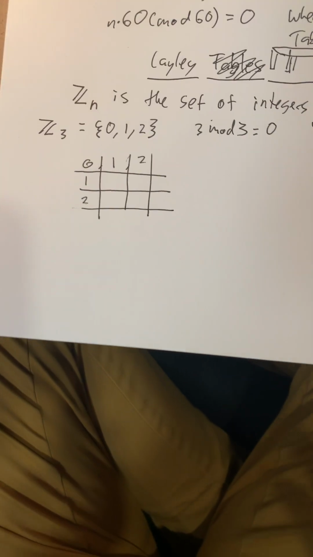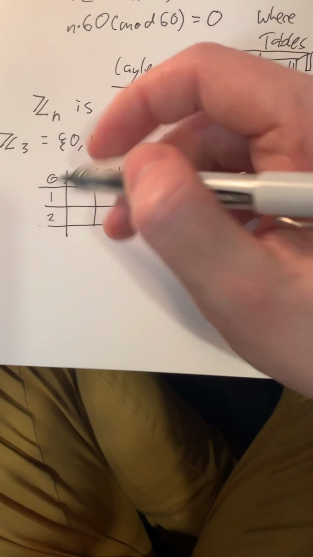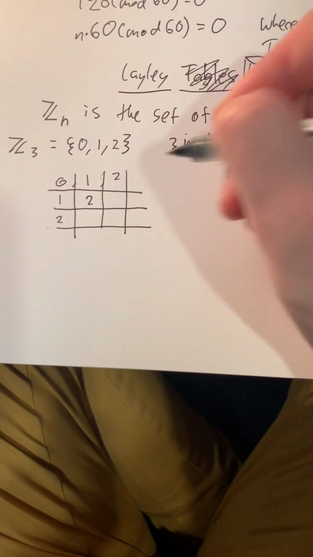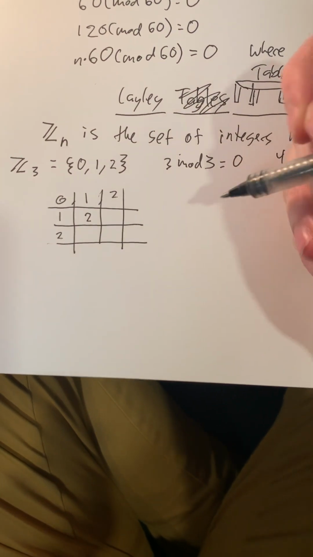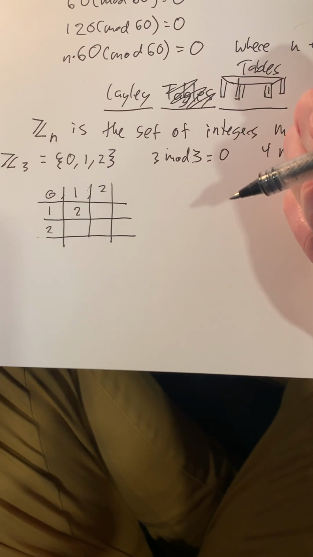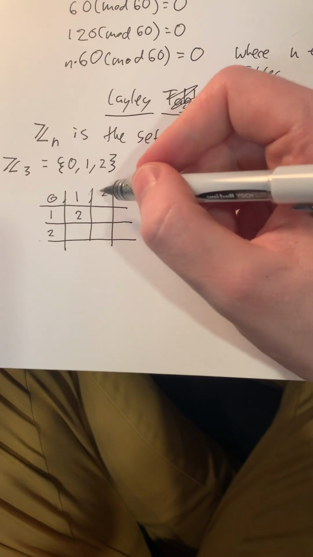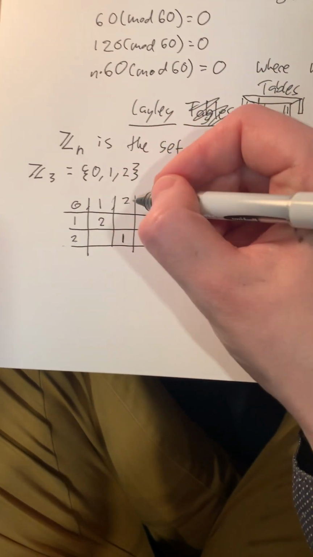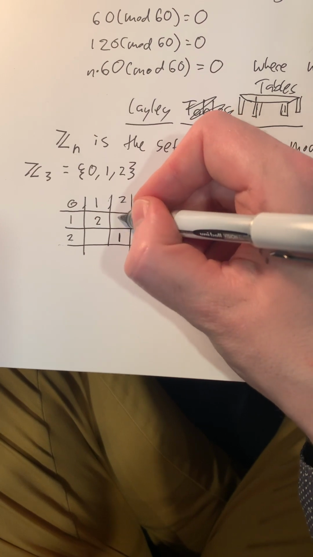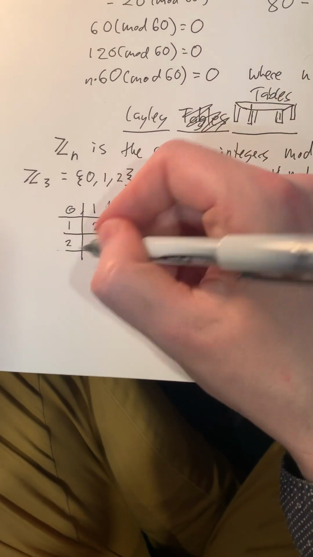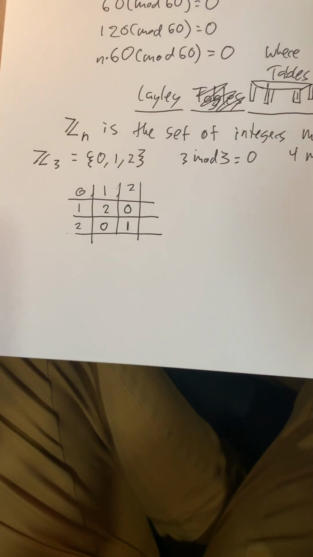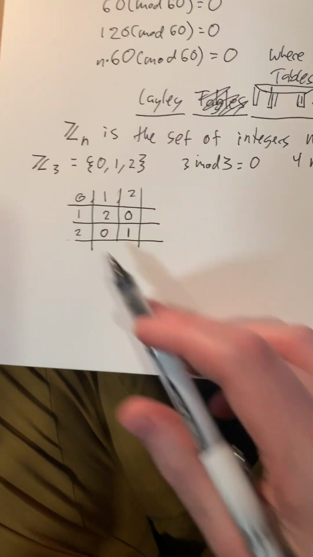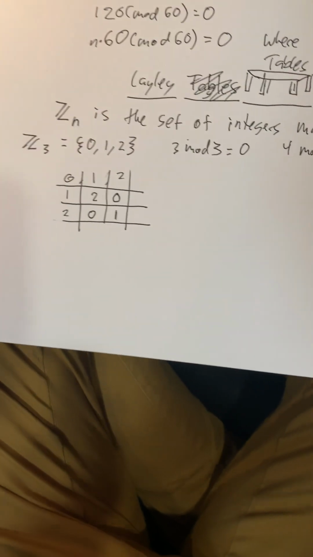So that's all of our elements. 1 plus 1 is, of course, 2. 2 plus 2 is, of course, 1. 1 plus 2 is, of course, 0. And 2 plus 1 over here is, of course, also 0. We'll notice that every element of the set is represented. We have a 2, we have a 0, we have a 1.